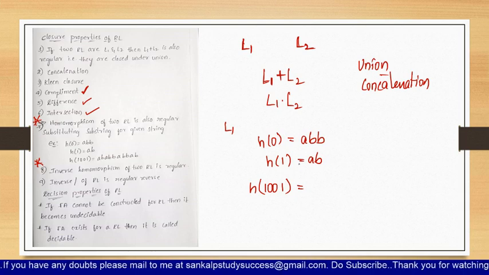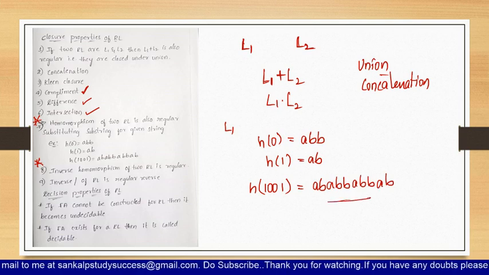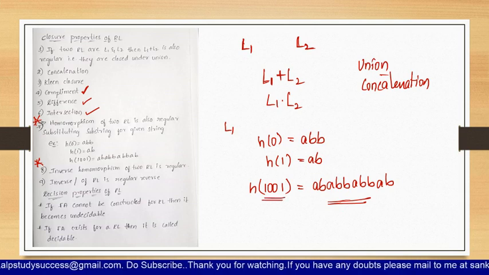So h of 1 is AB, in place of 0 we substitute ABB, there is one more 0 so again we substitute ABB, and for the last 1 we substitute AB. In this way, substituting the symbols with strings till the end of the string, that is 1001, is nothing but homomorphism. So if the languages are regular, then the homomorphism of those languages will also be a regular language, and the inverse homomorphism will also be a regular language.